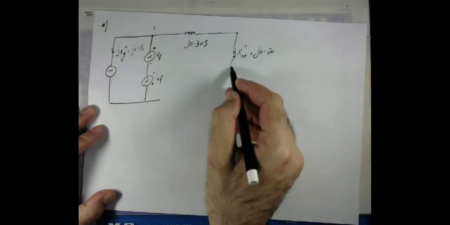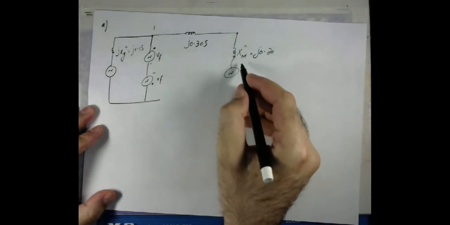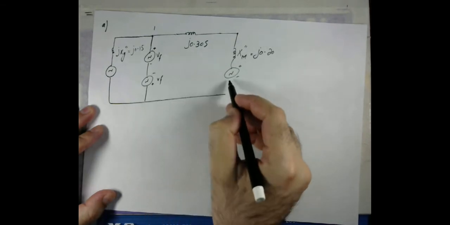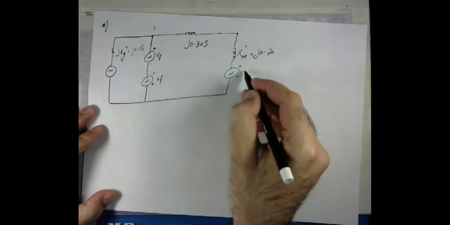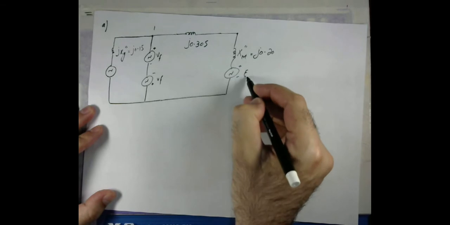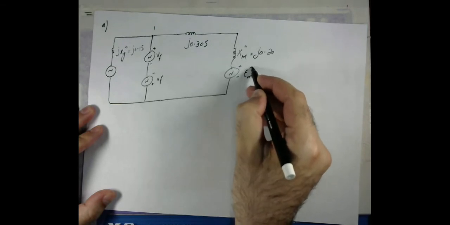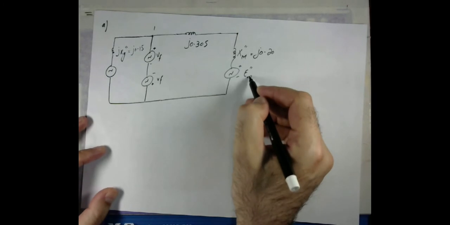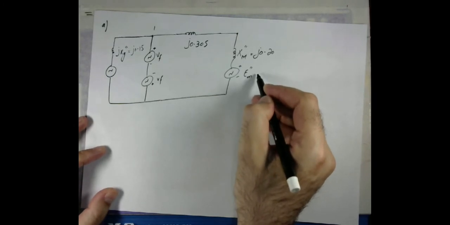Now this is the internal voltage of the motor, which we represent with E M double dash. You can even make it capital, that is just the notation.